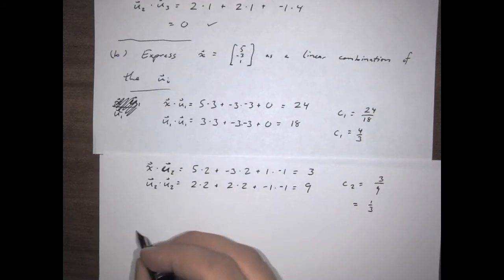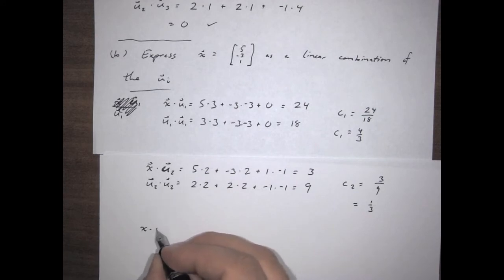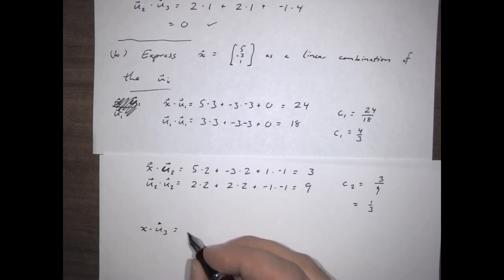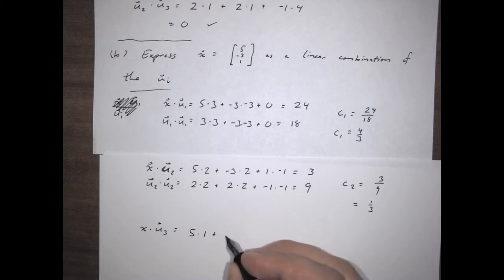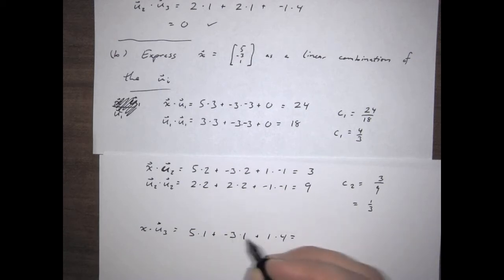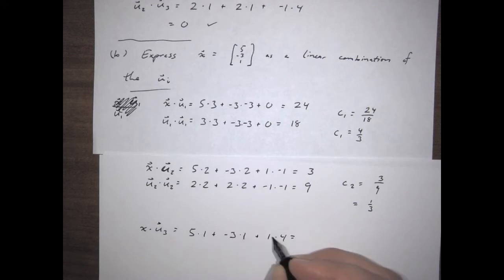And then finally, x dot u3. So that's going to be, let's see, 5 times 1 plus negative 3 times 1 plus 1 times 4, which is going to equal 5 minus 3 makes 2 plus 4 makes 6.